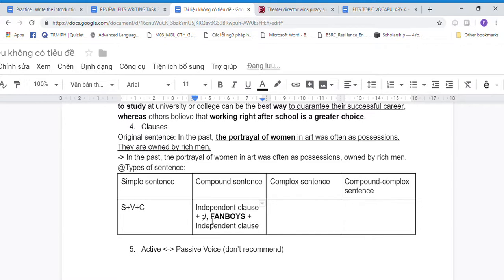So please remember, before fanboys, we always have to use the comma.